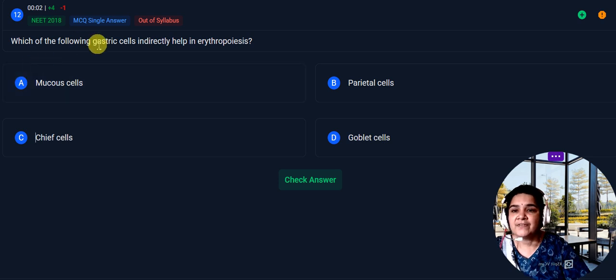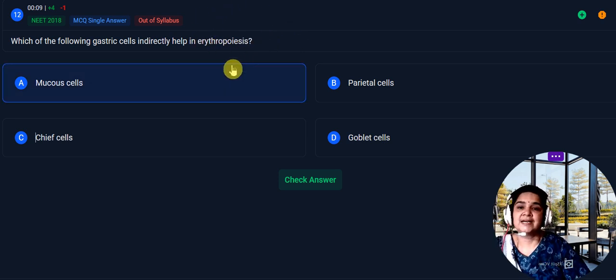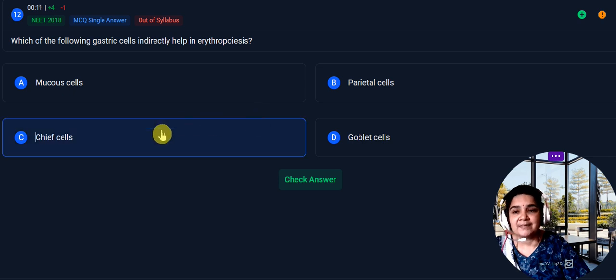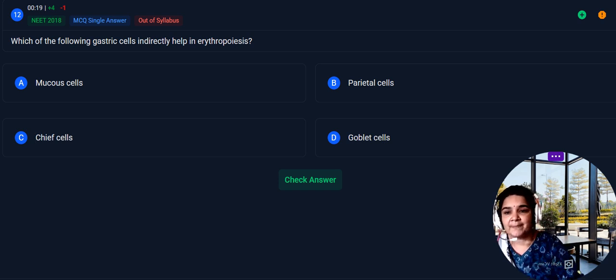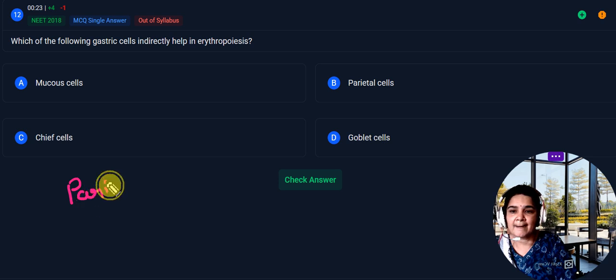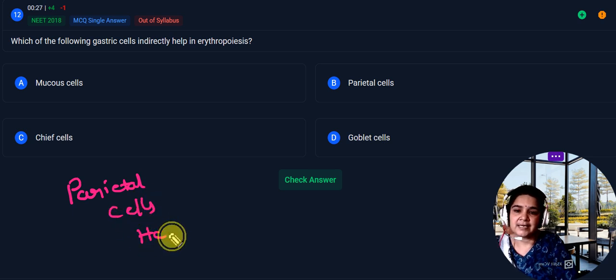Now, which of the following gastric cells indirectly help in erythropoiesis? In the gastric glands, there are three types of cells. Parietal cells produce HCl.